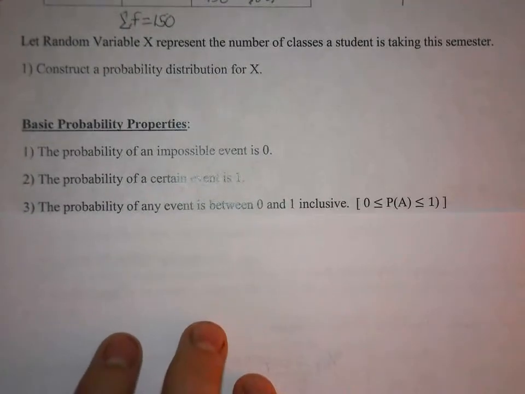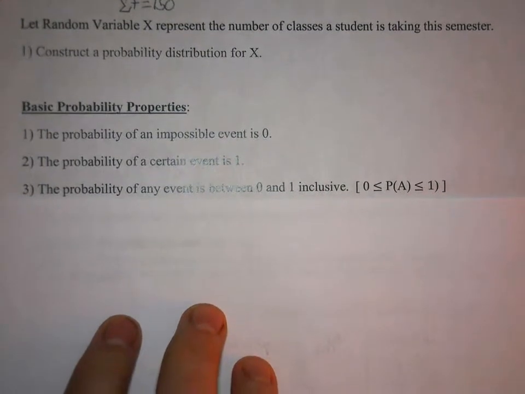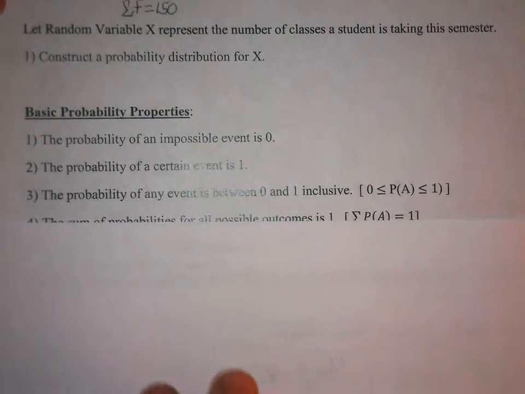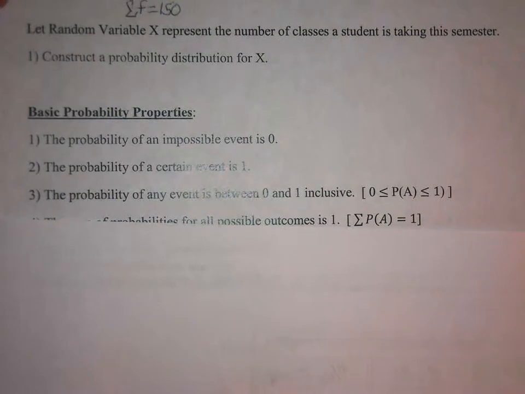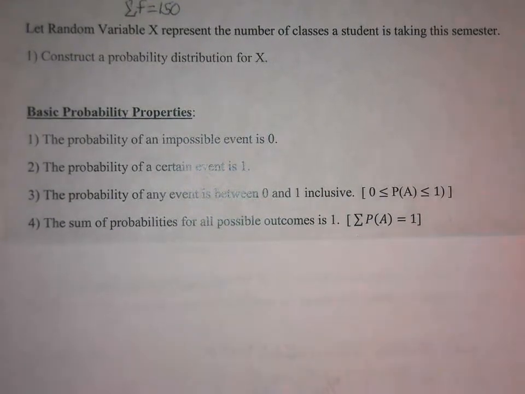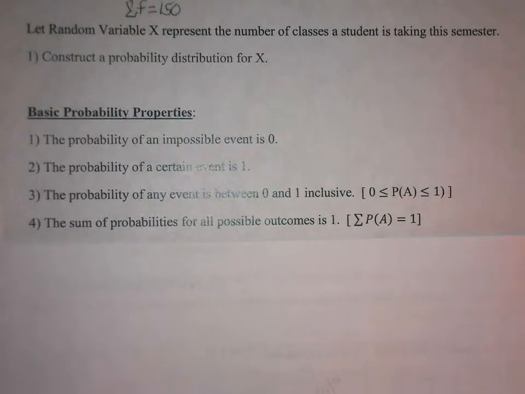There are several basic probability properties. The first one being the probability of an impossible event is 0. In a different example, suppose you toss a fair 6-sided die numbered 1 through 6, the probability of rolling a 7 is 0 because you cannot roll a 7.